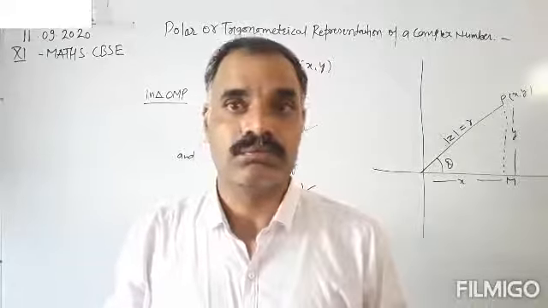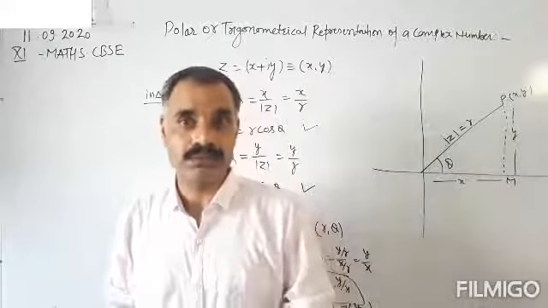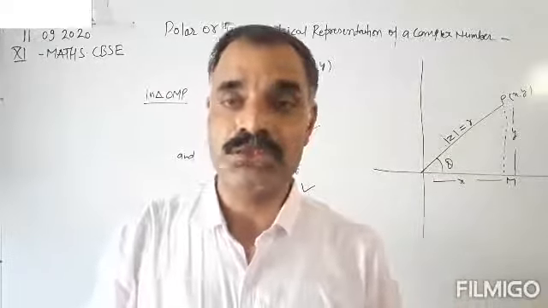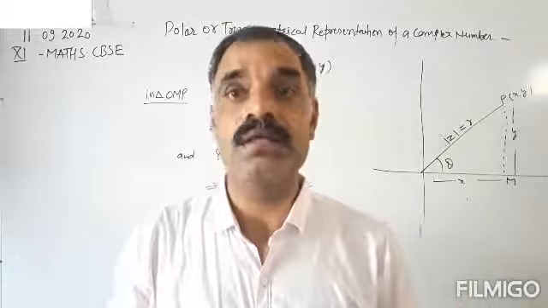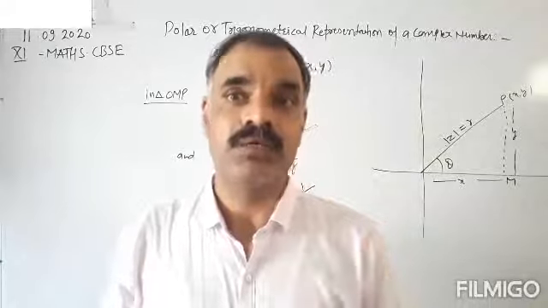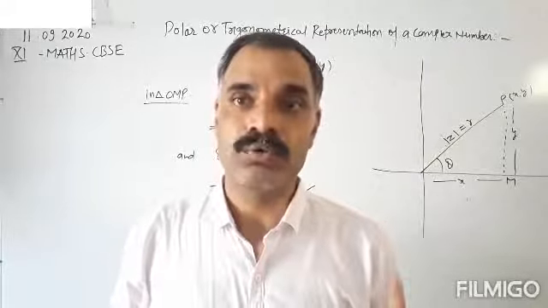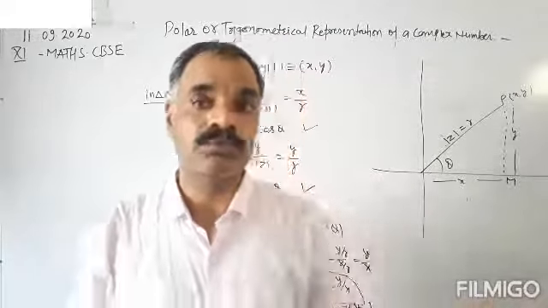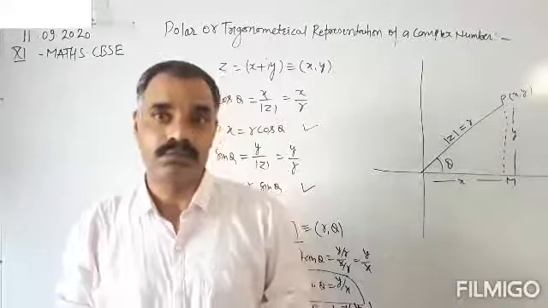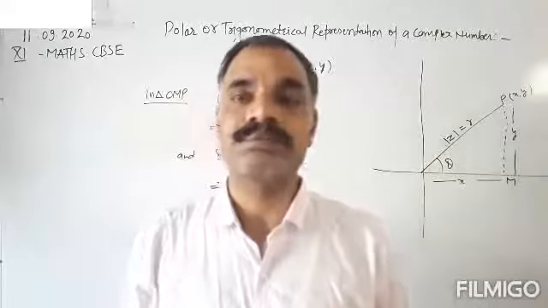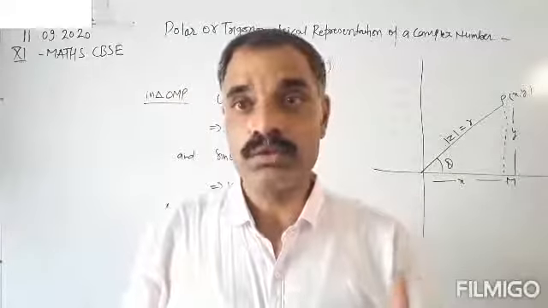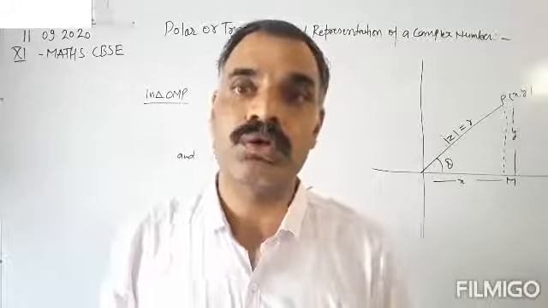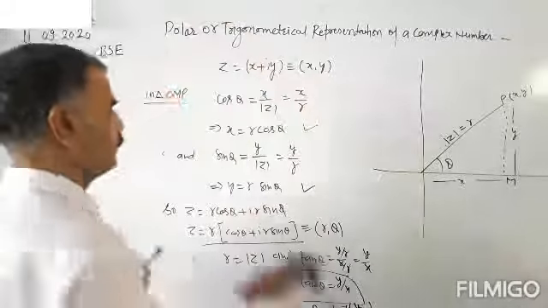Today we have discussed the geometrical representation, argument, and the properties of argument, and the polar representation of the complex number, magnitude and the amplitude of the complex number. Now we will discuss the square root of a complex number, that is, how to find the square root of a complex number.